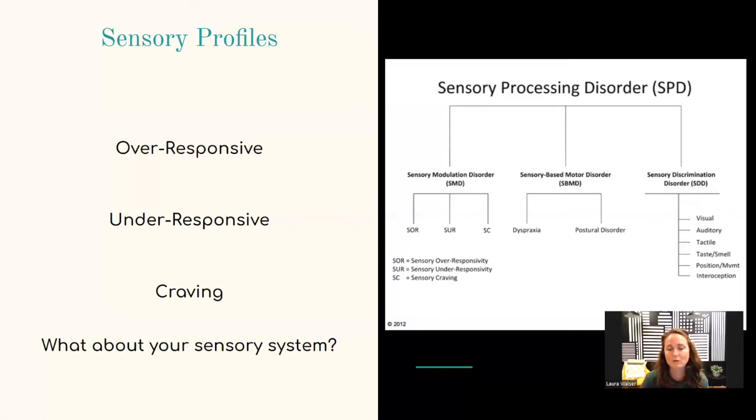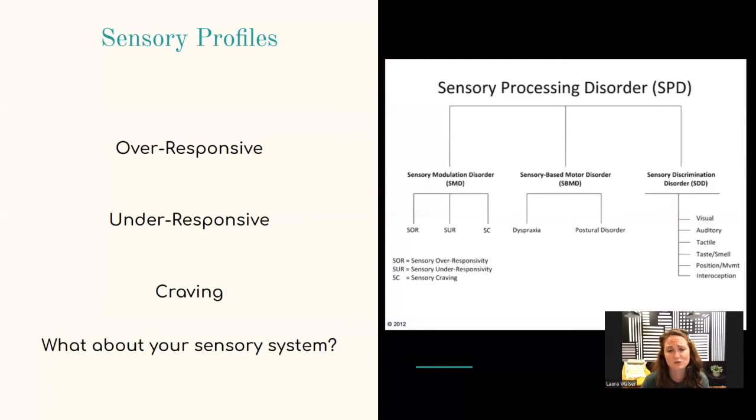Why I wanted to bring this up today is because we're actually going to be covering just a small part of sensory processing disorder today, and that's the sensory modulation disorder piece of things. As you can see, we're not even going to be discussing sensory-based motor disorder and sensory discrimination disorder.